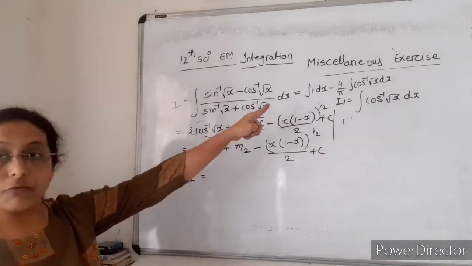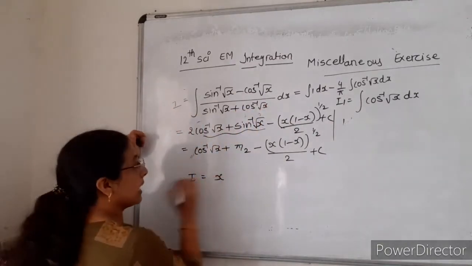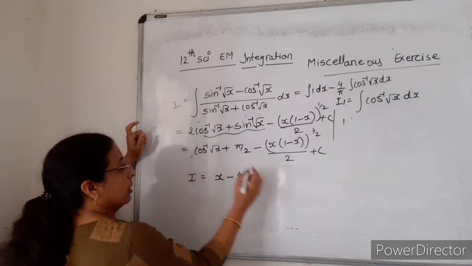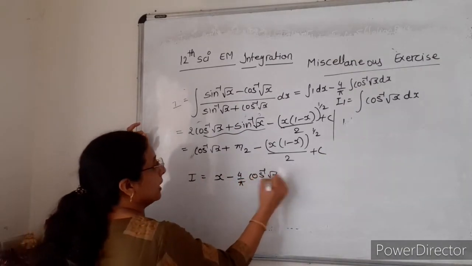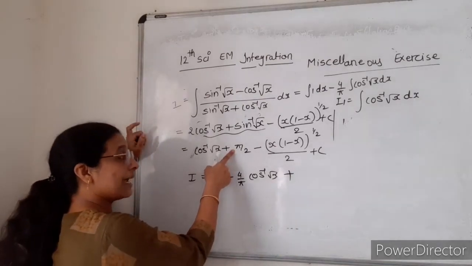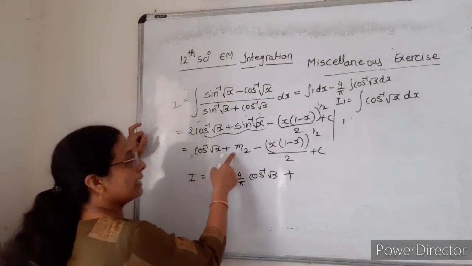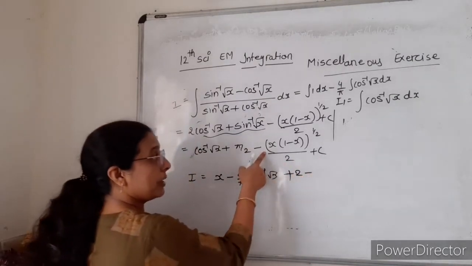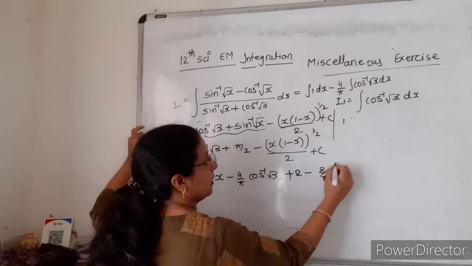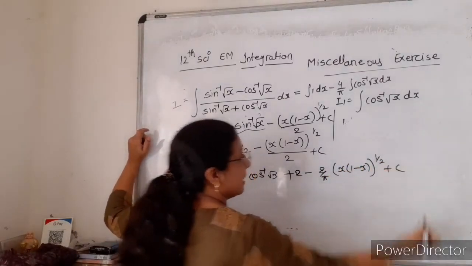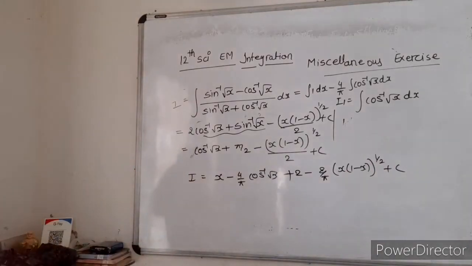What is this? That is integration, x minus 4 upon pi cos inverse root x plus here 4 upon pi multiplied. So pi cancels and 2 minus here 4 upon pi. So it is 2 upon pi x into 1 minus x raised to the power 1 by 2 plus c. This is our answer.